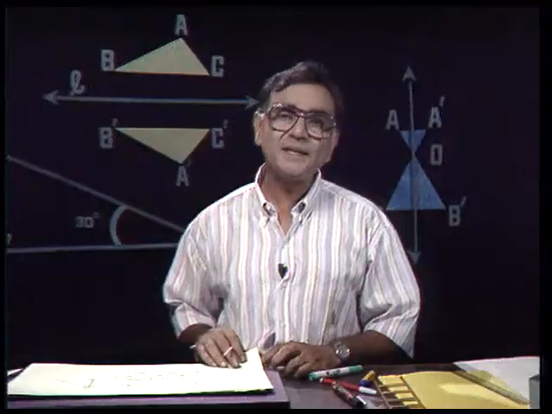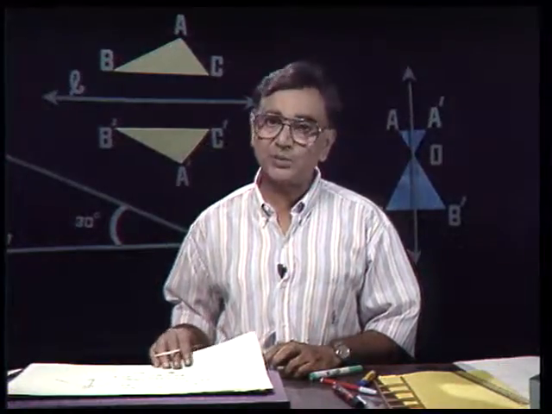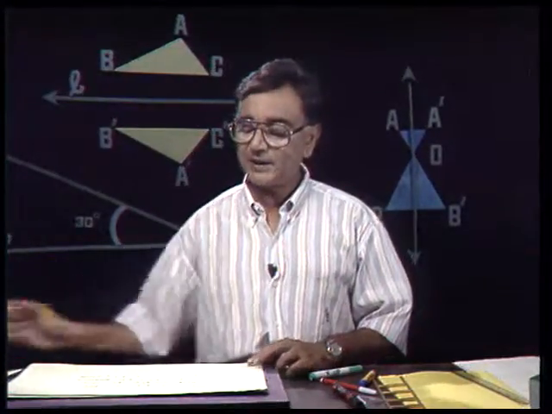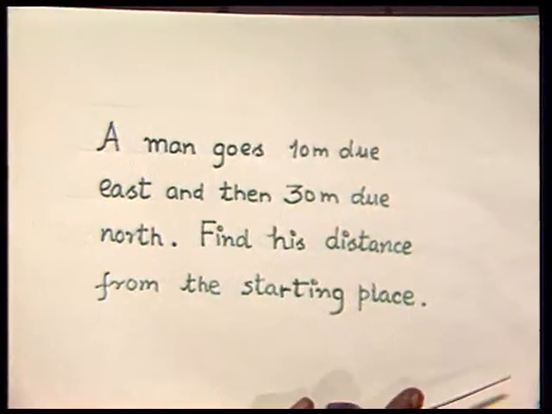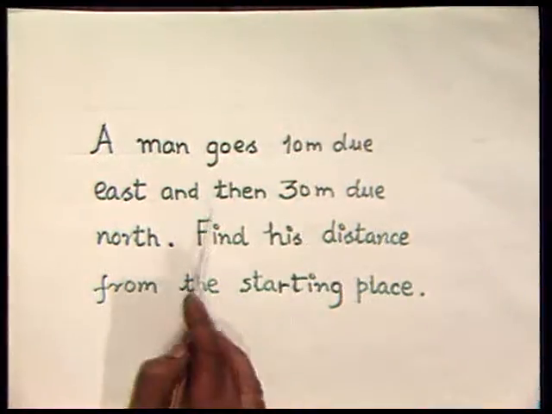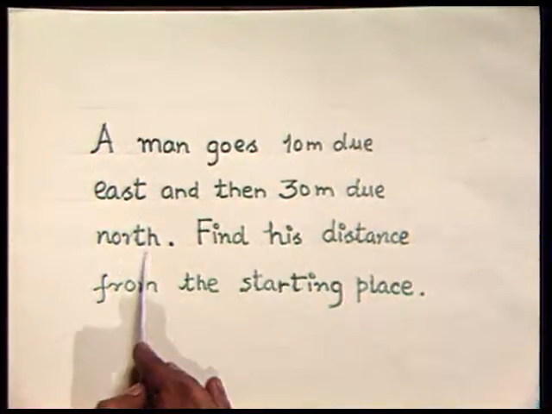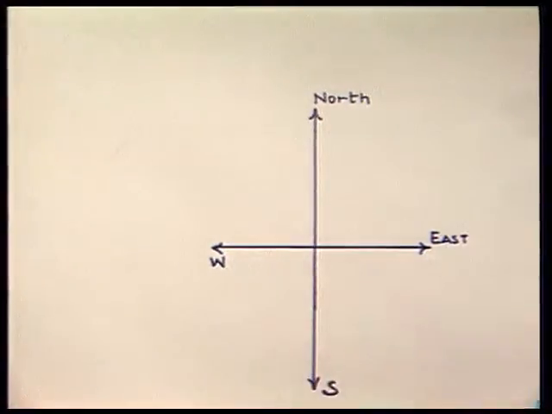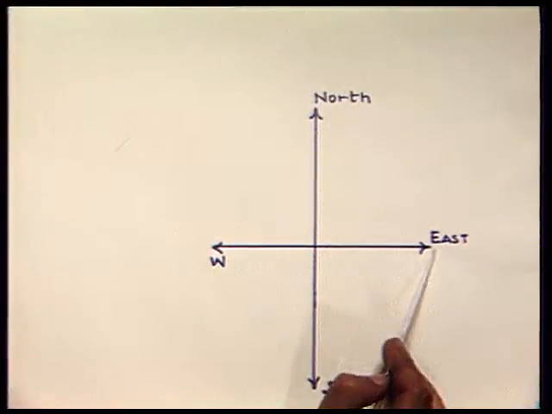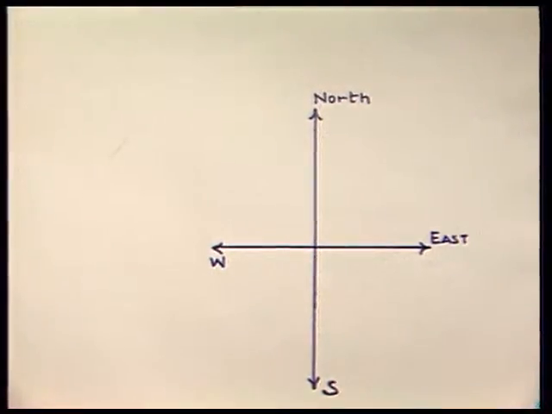Now, let us apply this theorem to some of the problems. Here the first problem is: a man goes 10 meters due east and then 30 meters due north. Find his distance from the starting place. Since the directions are given, upwards pointing north and sidewards pointing east, the man first went 10 meters due east.